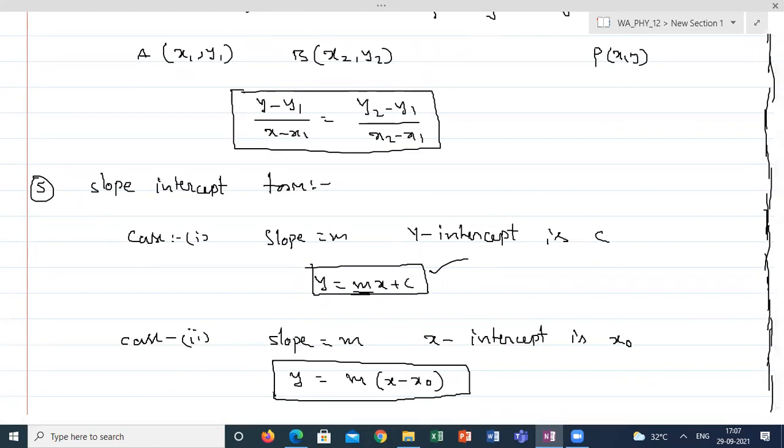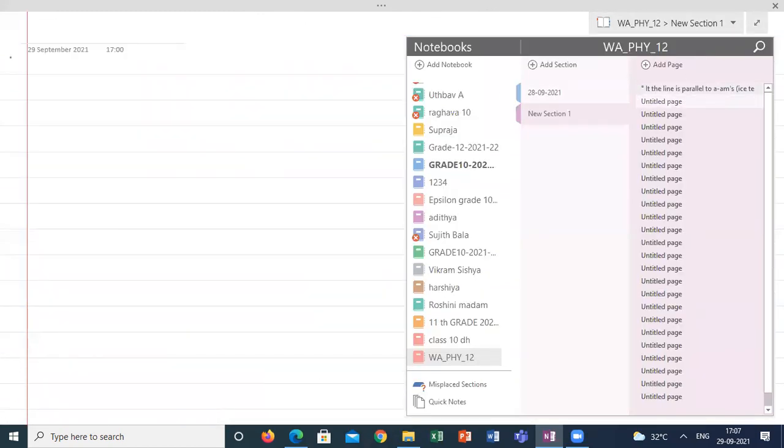One more form is remaining, intercept form.